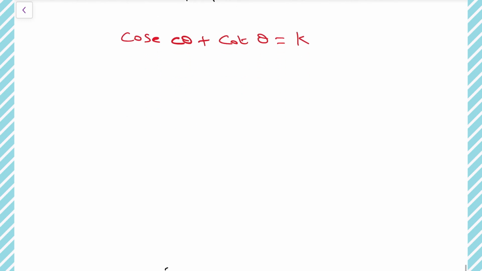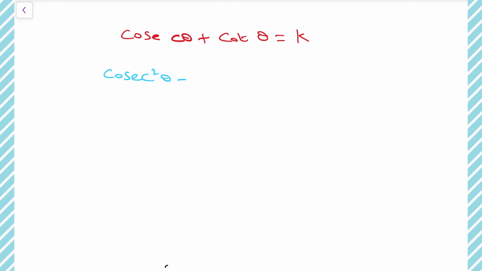This is very important for us now. Related to cosec and cot, we have one identity, that is cosec square theta minus cot square theta equals 1.